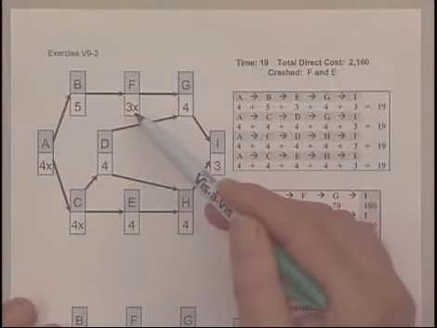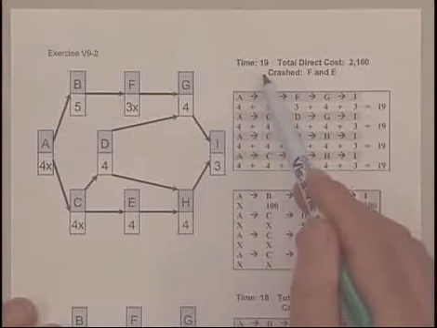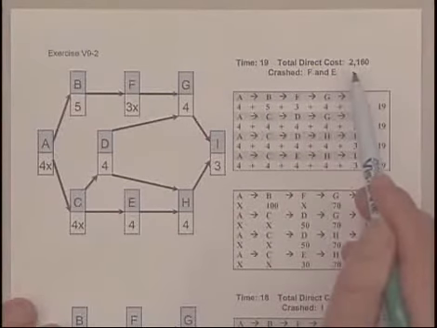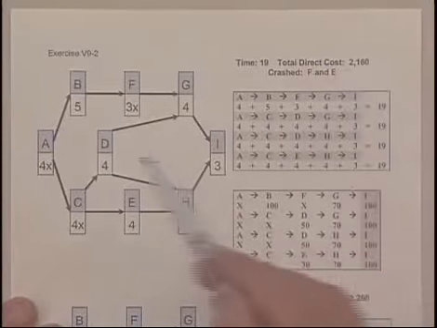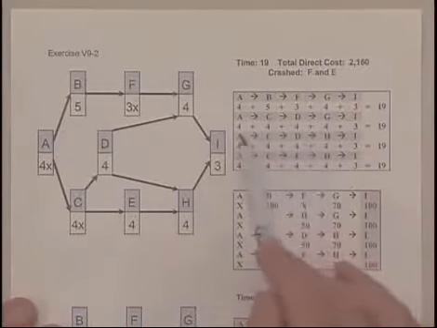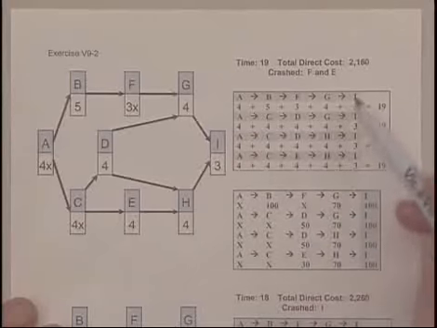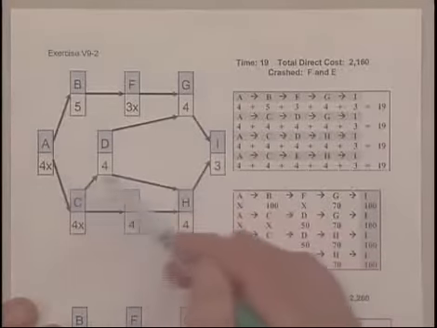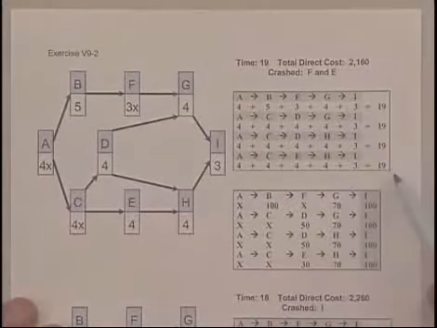Now by crashing E and F, we've got the network to 19 at a total cost of 2,160. I recorded those changes, and sure enough now when we plot out the critical paths, we realize that all four paths are critical at the duration of 19.